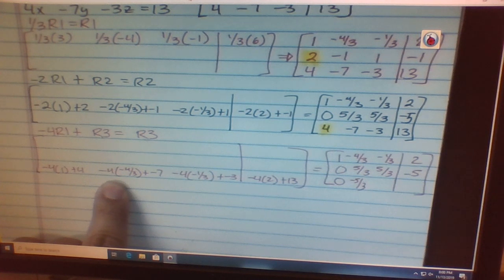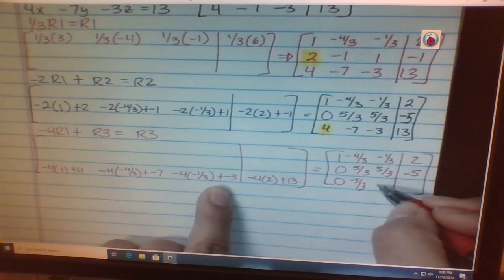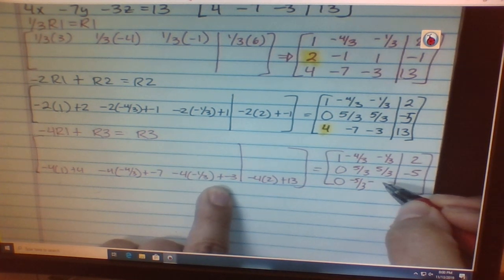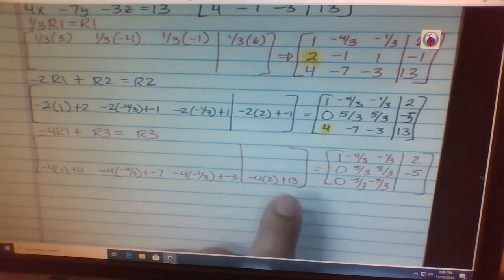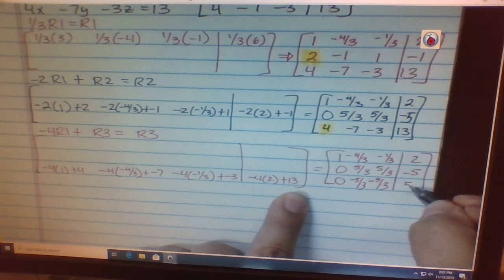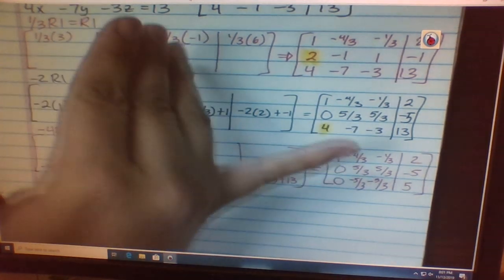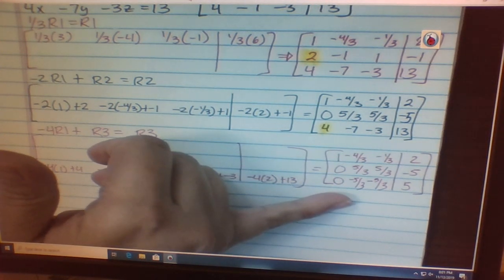Sorry. -4 times -1/3 plus -3 is -5/3 also, and -4 times this is a positive. -8 plus 13 is a positive 5. So we finished with the first column. You already did your 1, 0, 0, which is perfect.